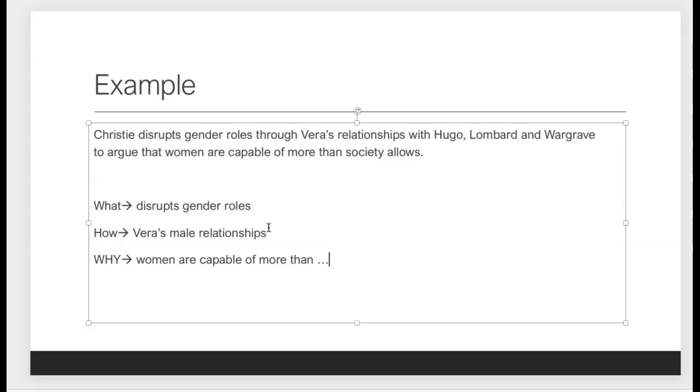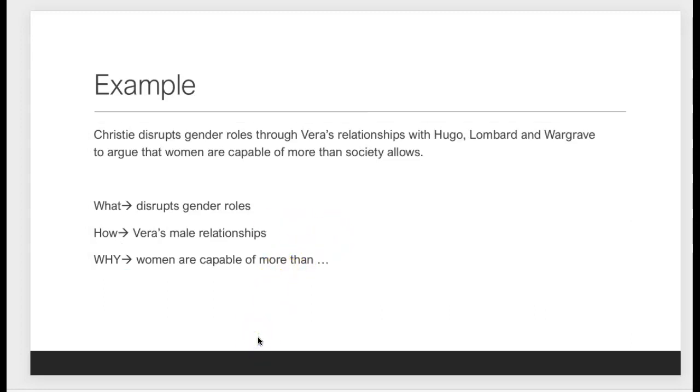Women are indeed capable, and they aren't given the credit that they deserve, whether that's a good thing or a bad thing. And some people might say that this is an anti-feminist piece of literature, but I would say the opposite. I think that she is saying that women are capable and they are driven to doing terrible things because they aren't allowed to do that in society.